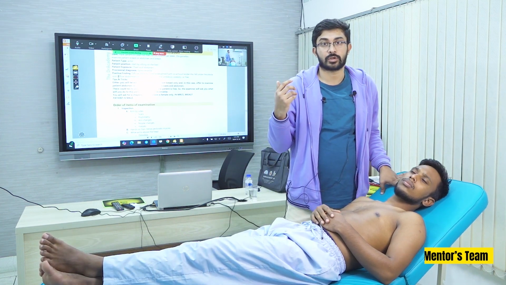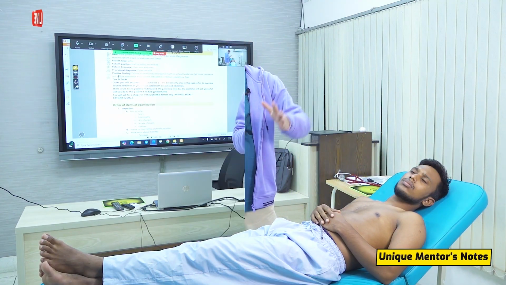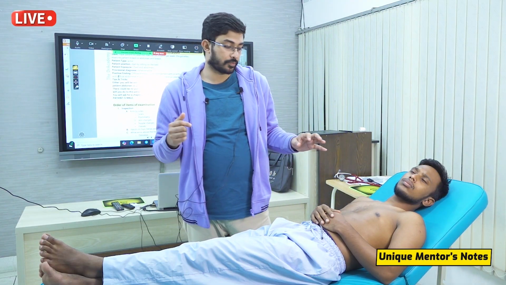Whereas the functional status will be checked almost all over the body, because thyroid hormone is a general hormone. It acts all over the body. No cell in the body is out of control of thyroid hormone.